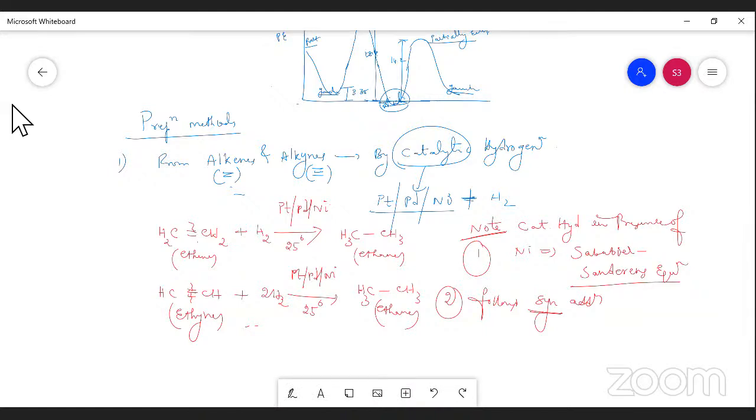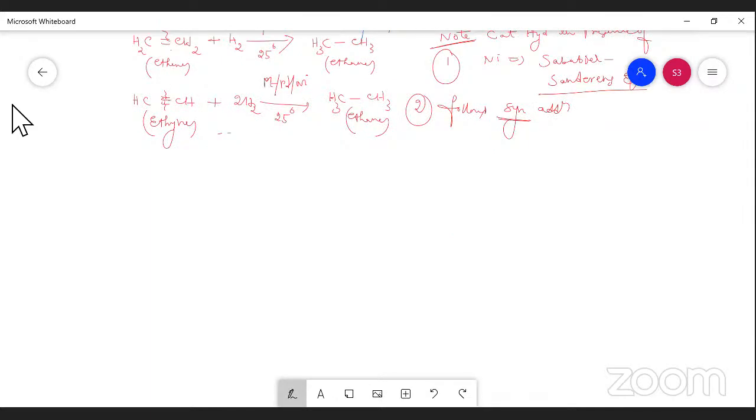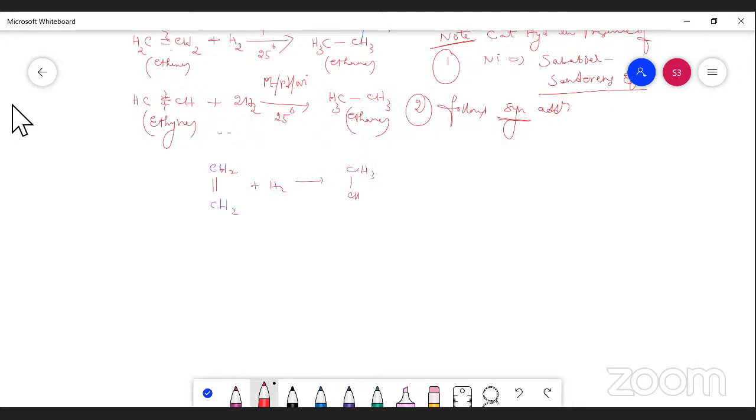So let us take an example. Let us take C=C with CH3, CH3.